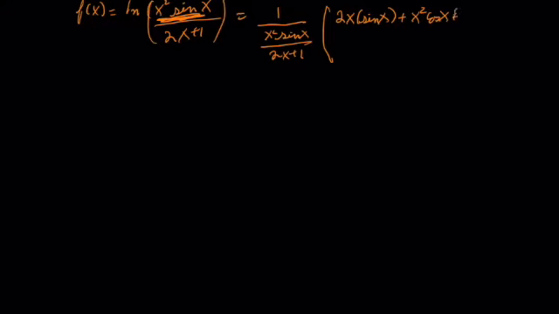All of that times my denominator. Now I'm using my quotient rule. Minus 2, which is the derivative of my denominator, times my numerator, all over my denominator squared. I never have enough room.